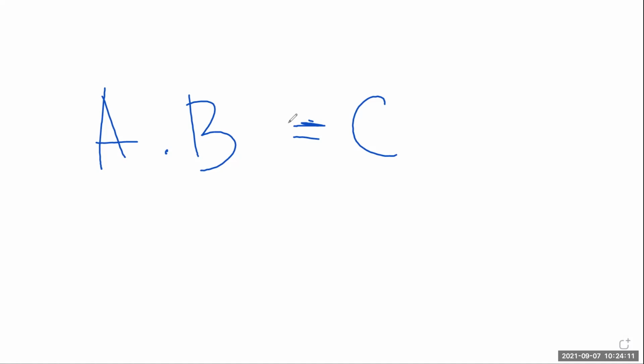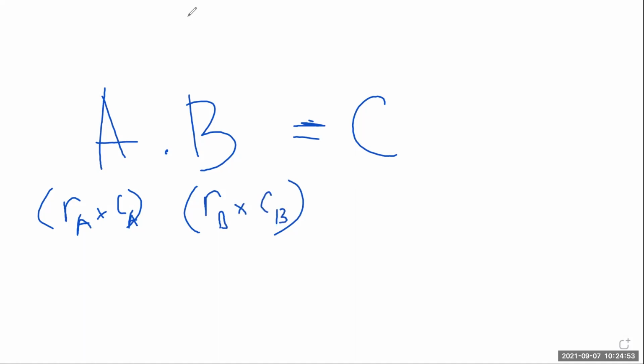For example, to make it easier for you, I will change the names. The size of A is row A times column A, the number of rows in A and the number of columns in A. B is row B times column B, the number of rows and columns in B. So what is the size of C?